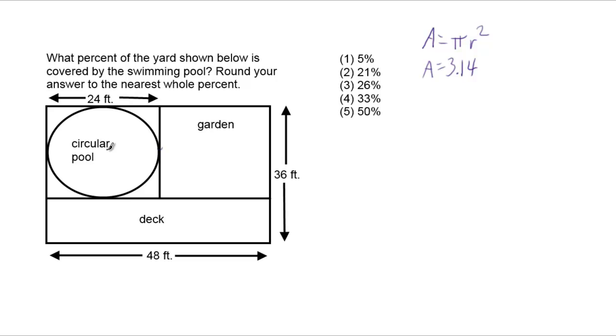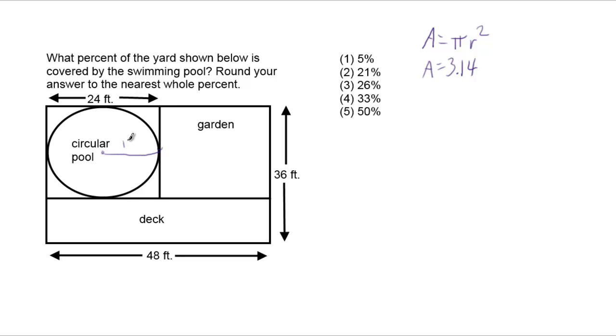The radius isn't labeled, but we see that the distance from this side to this side is 24 feet. And since the circle touches this side and this side, the circle is 24 feet wide. That's the diameter of the circle. So all we need to do is divide by 2, and that will give us the radius.